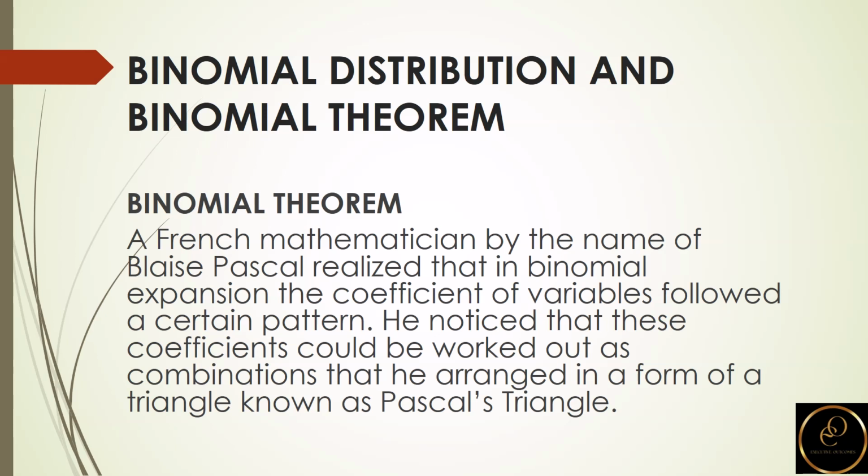Blaise Pascal realized that in binomial expansion, the coefficients of variables followed a certain pattern. He noticed that these coefficients could be worked out as combinations that he arranged in the form of a triangle. And that triangle is what we today call Pascal's triangle.